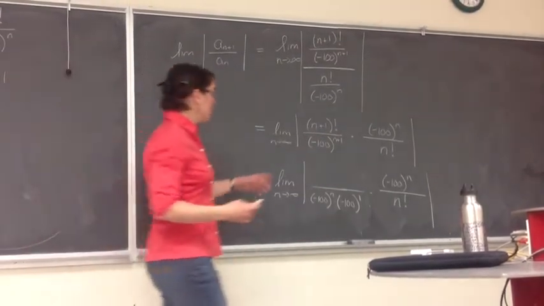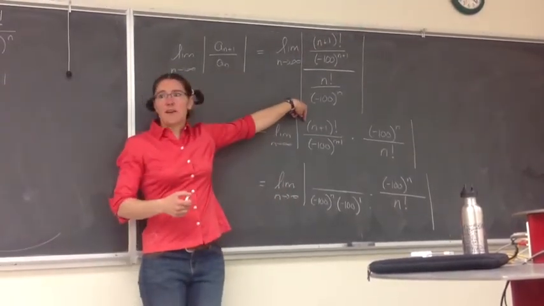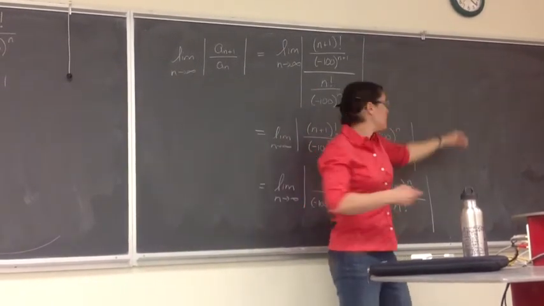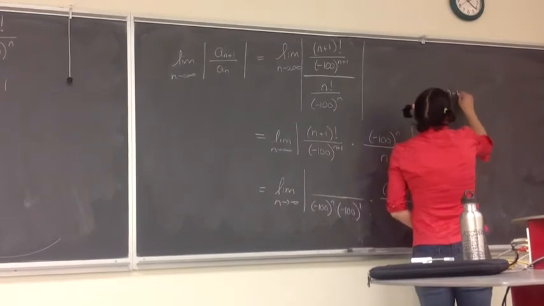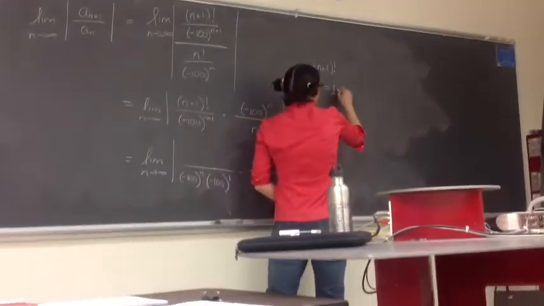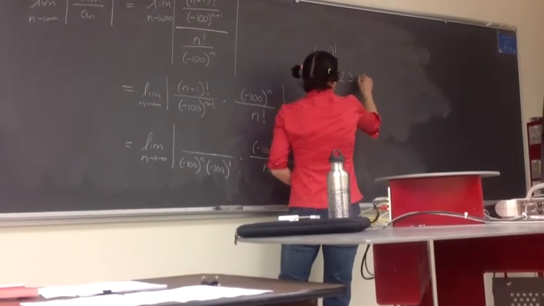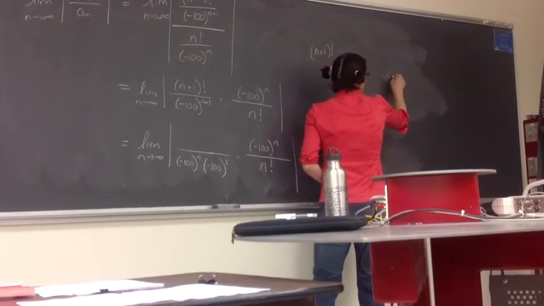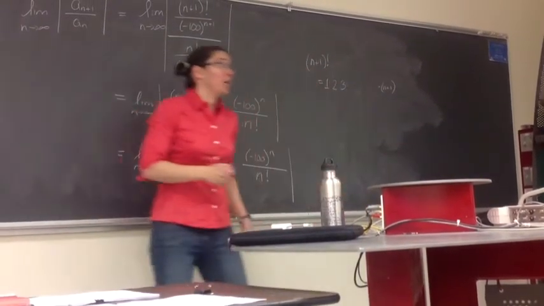The other thing that we can do is that this n plus 1 factorial, I can rewrite that. Over to the side here, just to remind you, n plus 1 factorial looks like 1 times 2 times 3 times, and we keep on going, and my very last term is going to be n plus 1.